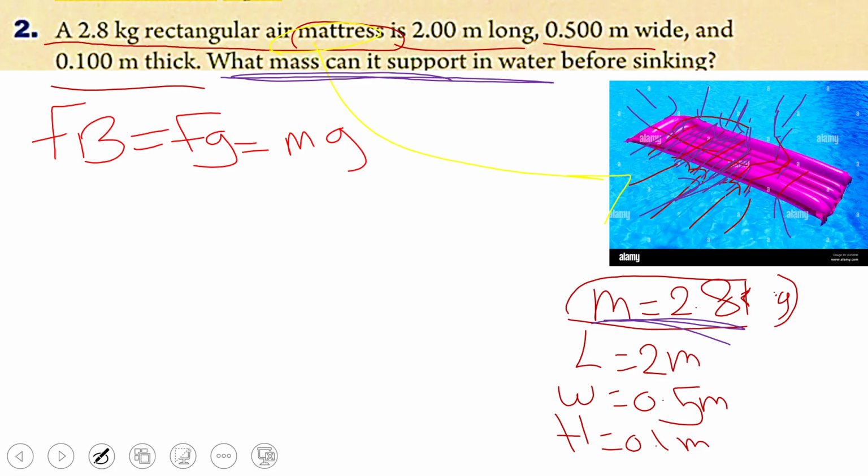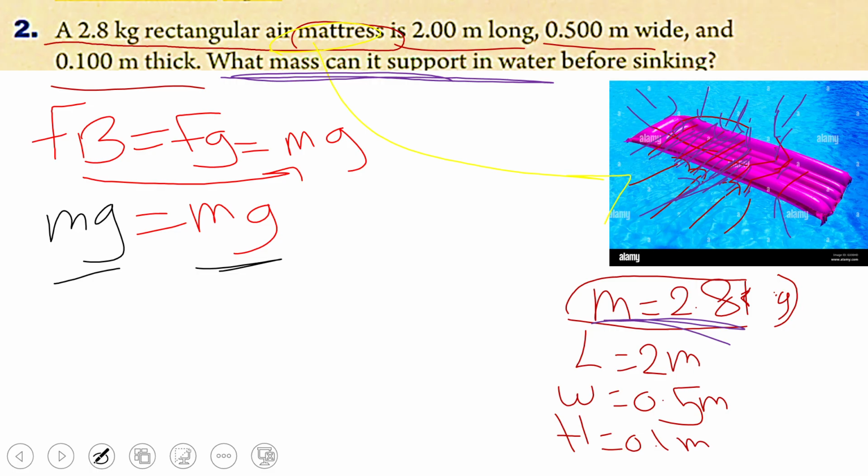So FB is all the time equal to FG, and both are equal to mg, so I can write mg for both: mg for FG and mg for FB. This Fg equal to mg is the weight of the object.